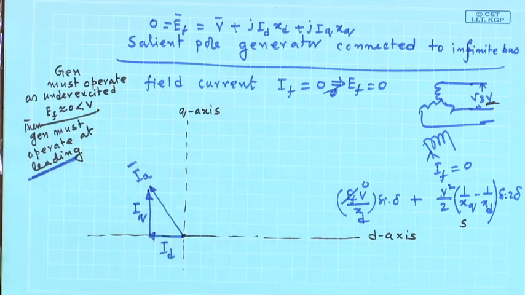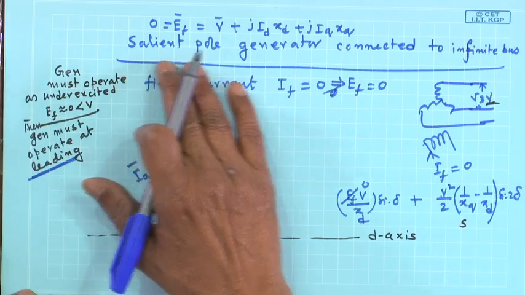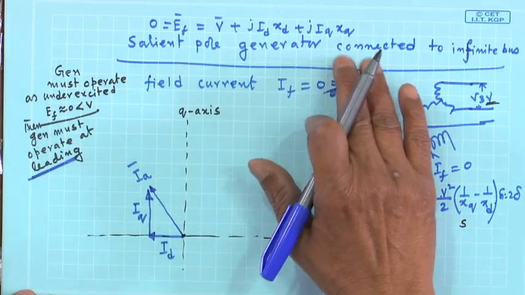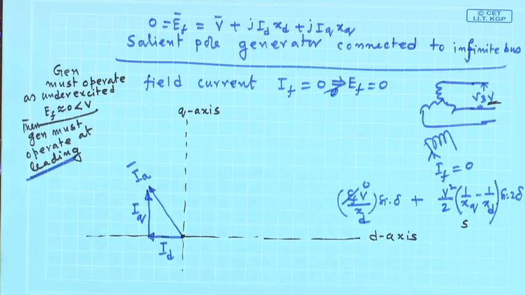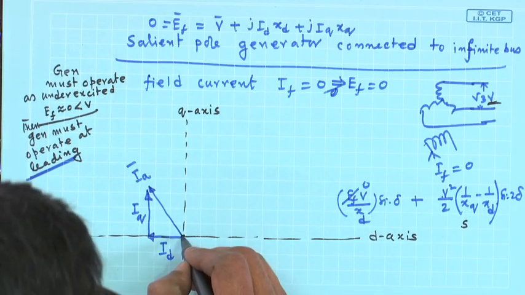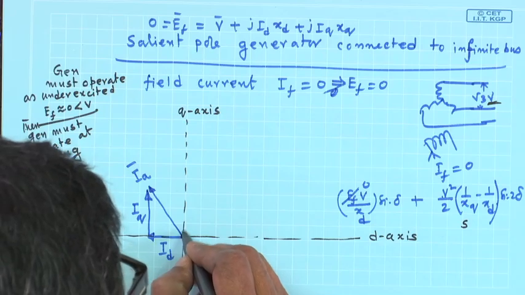The second property I will utilize is that it is a salient pole generator. In a salient pole machine in generator operation, EF will be ahead of V. EF is in which direction? 0 small along this.